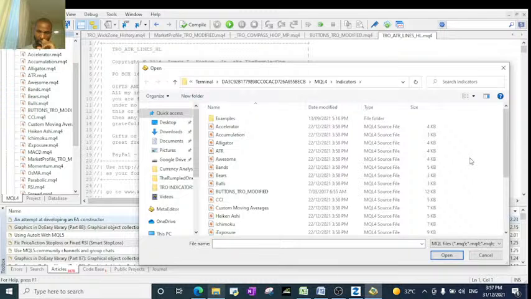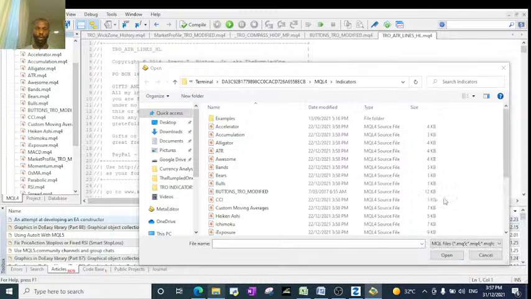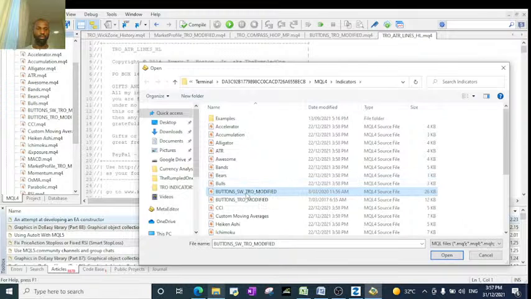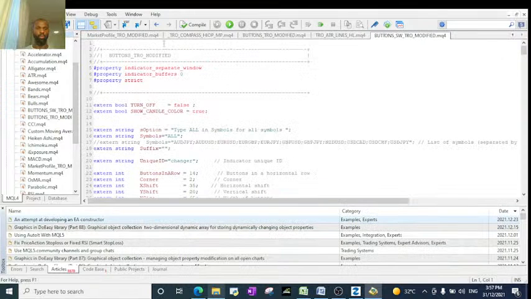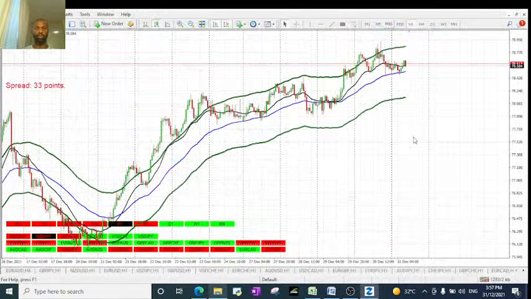So it's the same indicator, but it opens the buttons on a separate window. So open this, compile, close.